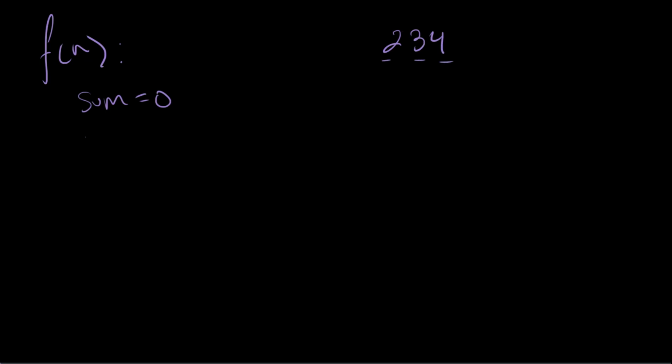This way we'll read right to left. What we'll do is we will first mod this number by 10, which will be 4, because 230 is divisible by 10. And then to sort of get rid of this number, we'll divide it by 10.